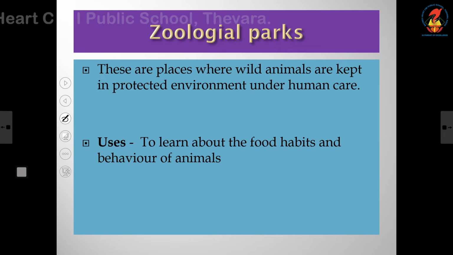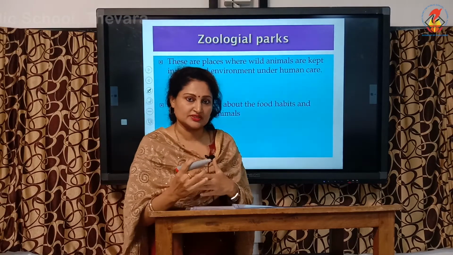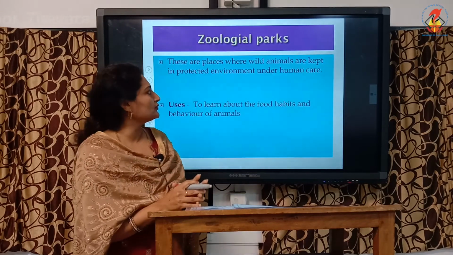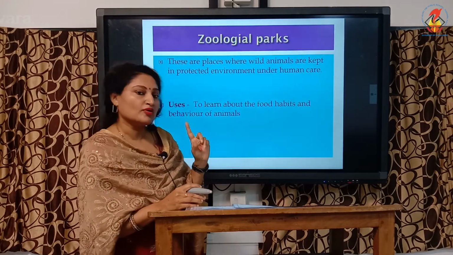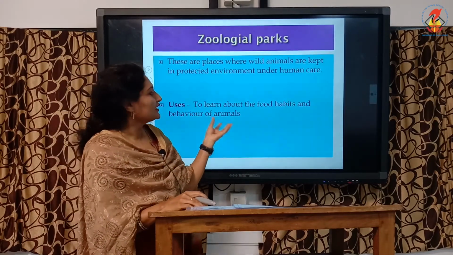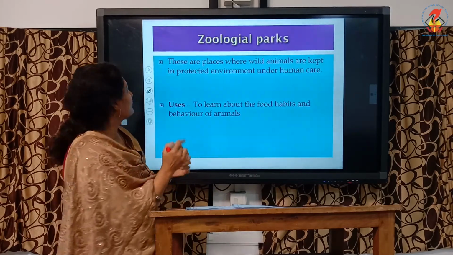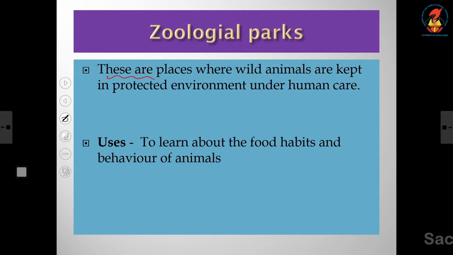Next, zoological parks. Definitely you all must have visited a zoological park as a part of pleasure, not as a part of a study tour. But the very important study part is that by visiting a zoo you can learn the habits and the behavior of animals. So what is a zoo? These are places where wild animals are kept in a protected environment under human care.